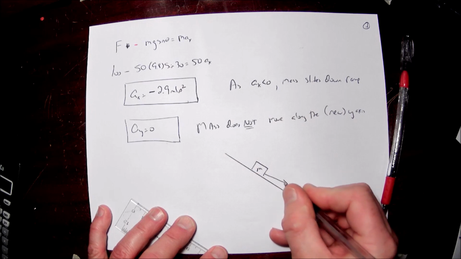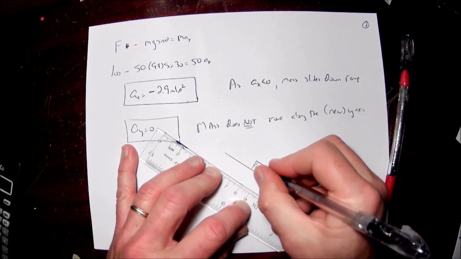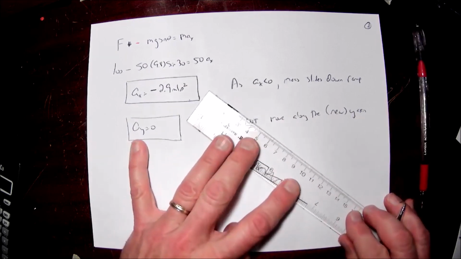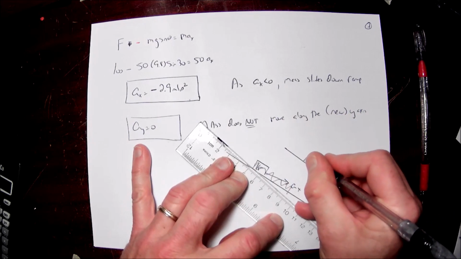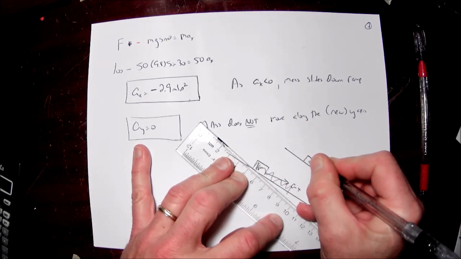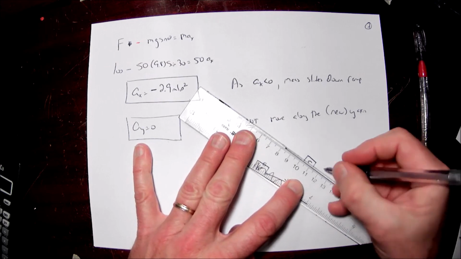AX looks suspiciously not horizontal. After all that, I'm not going to draw some shoddy little axis that's not even close to being horizontal, paralleling the x-axis. So there, that's pretty good. I like that a lot better.